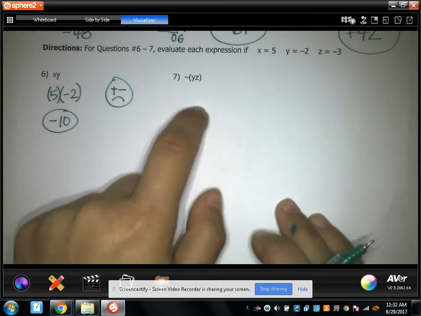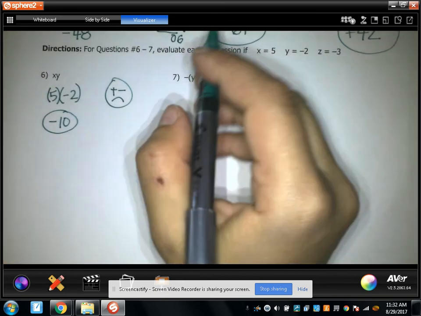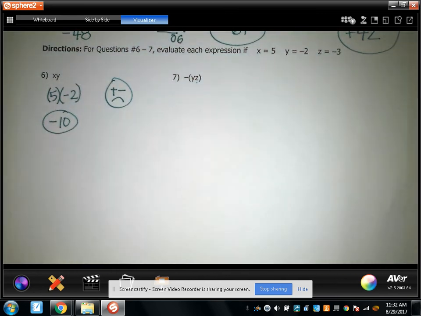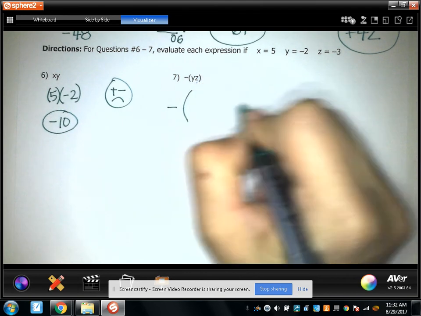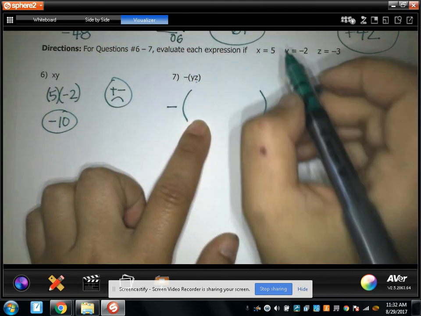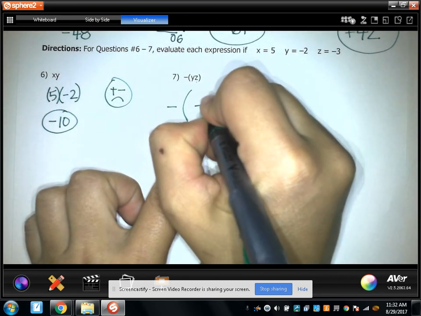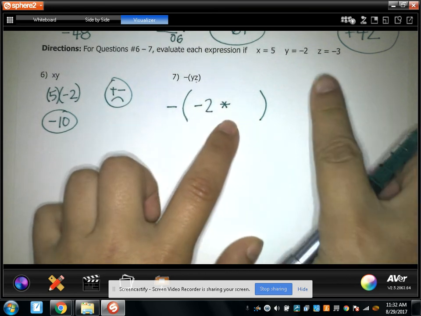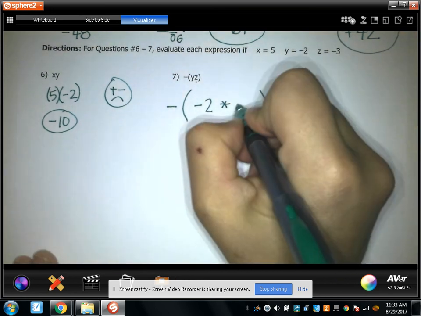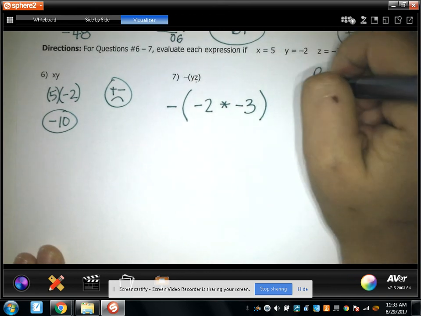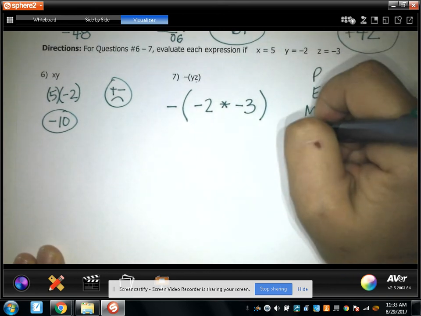Here, this looks different. This is negative whatever y times z is. So this is negative y times z. Well, y is -2 times z is -3. And I have to do order of operations.